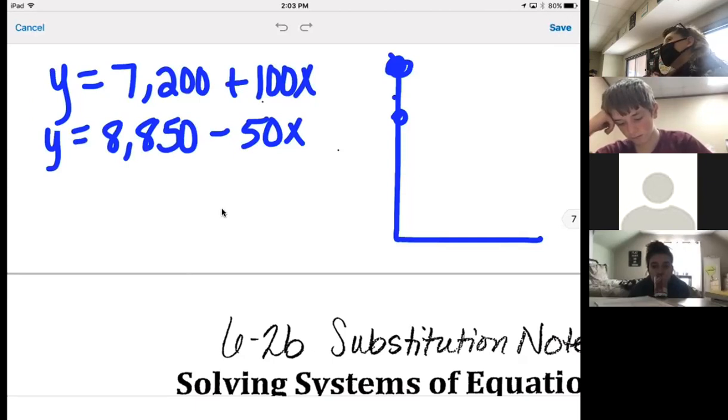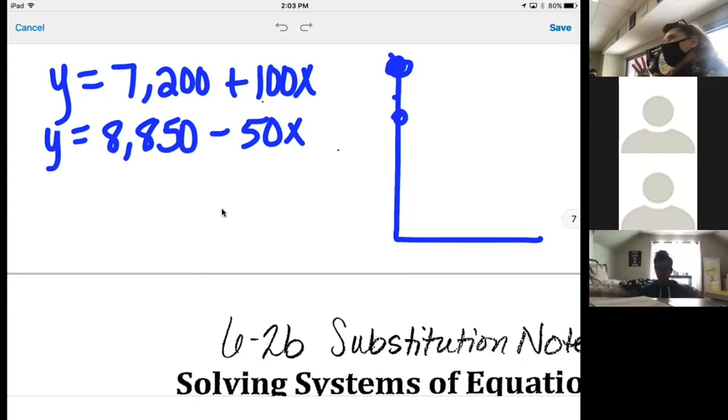Eventually, after your quiz next week, I'm going to teach you one more method. It's called the elimination method, my personal favorite. I like to solve by elimination, but each one of these methods, the graphing, substitution, and elimination, depends on the order the equation is in, which will determine which one is the easiest method to solve it.